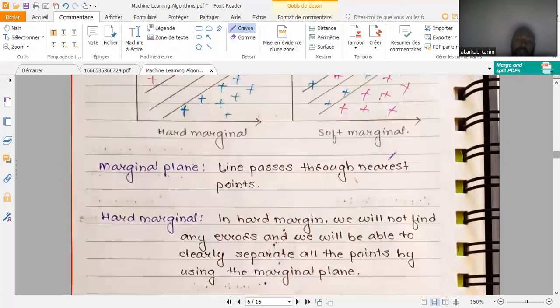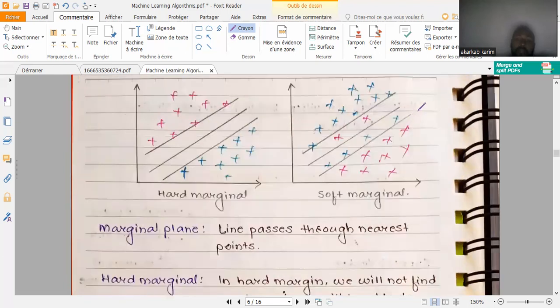The marginal plane is the line passed through the nearest point. The whole idea here is that this marginal plane should pass through the nearest point, because we try to find the nearest point here.